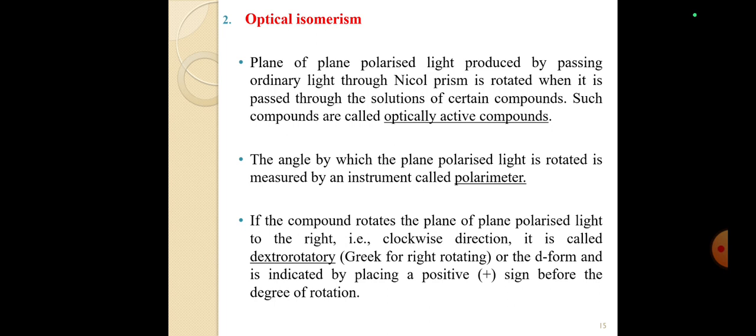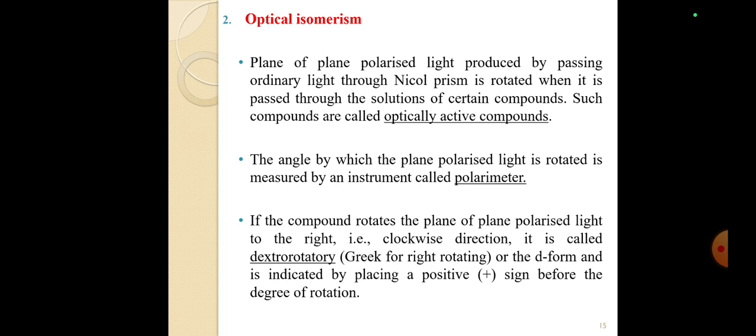Then optical isomerism. Normally when we switch on the light at home, ordinary light spreads in the complete room and we get visibility. But plane polarized light means that when we pass this ordinary light through a Nicol prism, all the rays of light run in the same direction. Then we call it plane polarized light, PPL.